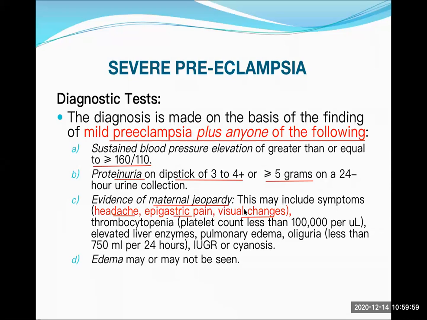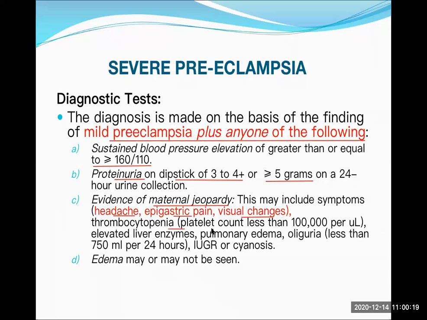Okay, or that hypertension may have caused papilledema, and that papilledema has caused visual changes, also known as blurring of the vision. Epigastric pain, okay, is because of congestion of the liver. It's one part of the HELLP syndrome actually.